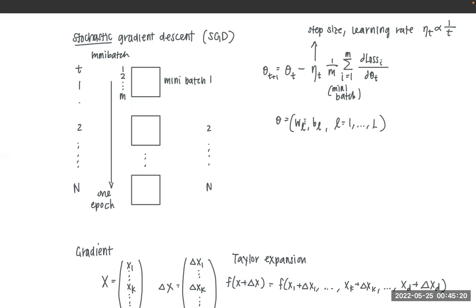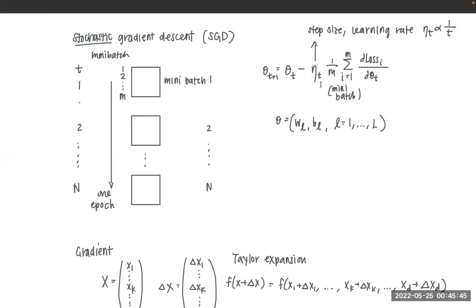Okay, and then you do this update. For each t, it is about a mini batch. You compute the average of the derivative, and then you update theta by going along the direction of the so-called gradient, which consists of the derivative with respect to all the parameters.